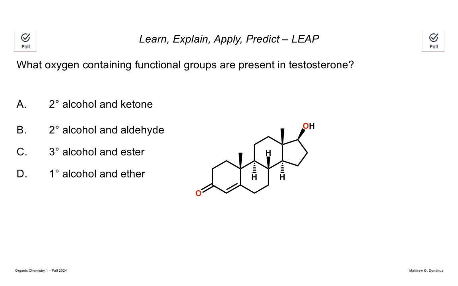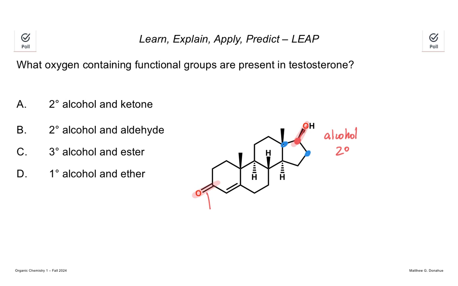So what oxygen-containing functional groups are present in testosterone? We have one here and then one here. So we have an OH group, so it's an alcohol. If this is the carbon bearing the alcohol, we see that it is bonded to 2 other carbons, and so that's going to make this a secondary alcohol.